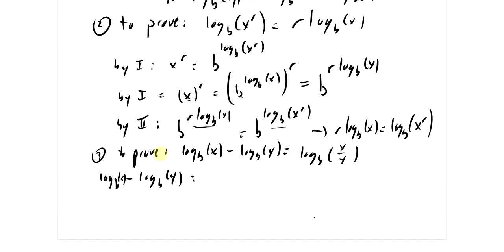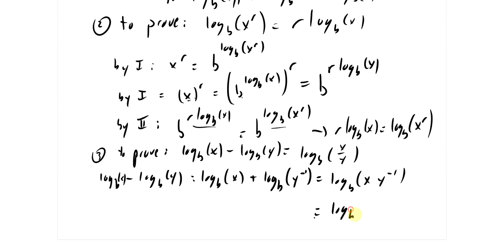Well, coefficient of minus 1, according to this, I can pull it inside as a power. Addition, according to the previous rule, that becomes a multiplication inside the logarithm. And y to the minus 1, what do we know about that? Well, that is down in the denominator, and so now we have the subtraction rule, gives us a division. So that's logarithms. Again, the most important one is the one that takes power.